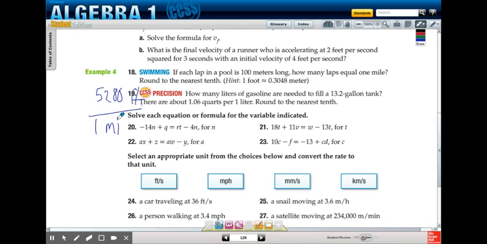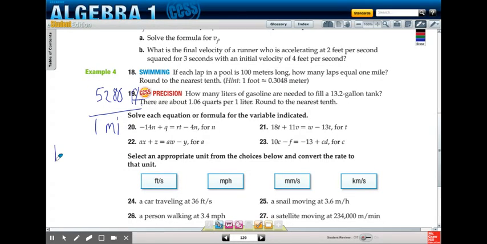And then they have 100 meters. So we want to know how many 100 meters fit into 5,280 feet. So, and the hint they give you is 1 foot is about this 0.3048 meters.